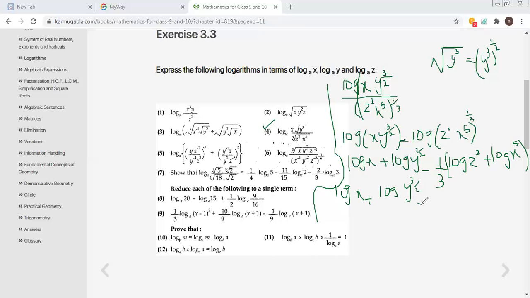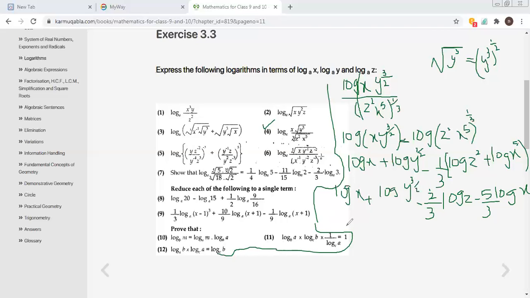Now Ayesha, open the bracket and multiply 1 upon 3. 2 1 the 2 upon 3, because power is on the number term, so we will multiply it, log of that, minus minus plus minus, and 5 1 the 5 upon 3. Ayesha, see the step. If you have any confusion, ask me. Okay, now Ayesha, tell me the next step.